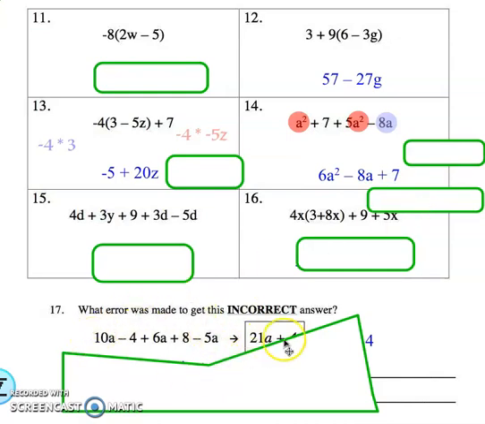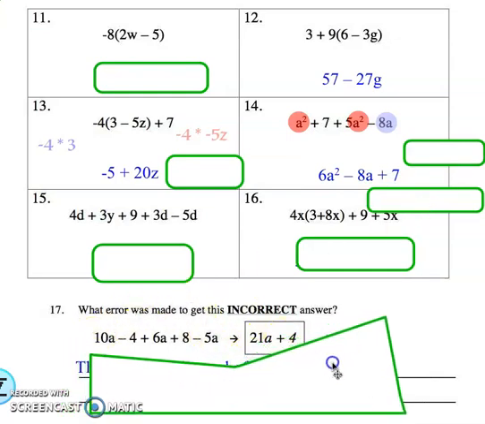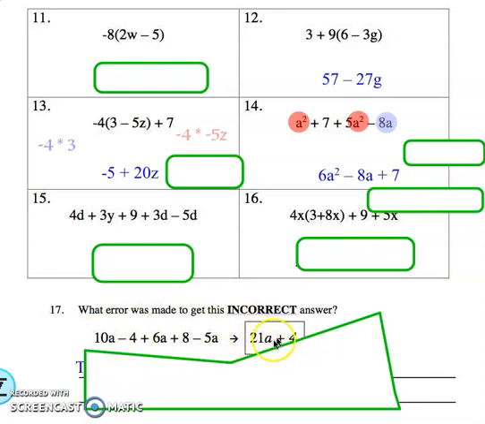We're going to skip down here and talk about number 17. Now number 17 is done incorrectly over here. So we're going to cross off this answer and do the problem correctly to see what might have gone wrong.